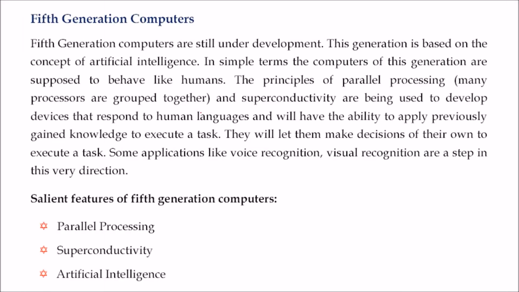Then the fifth generation computers, which are still under development, are based on AI, artificial intelligence. We want computers to act, work and behave like humans. This would involve the principles of parallel processing and superconductivity, so that they can understand human language, use the experiences which a human being has, and make decisions on their own.